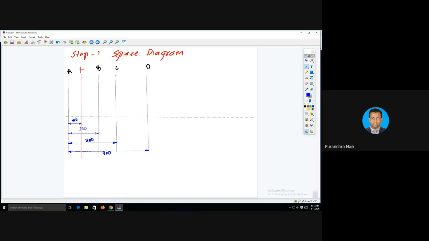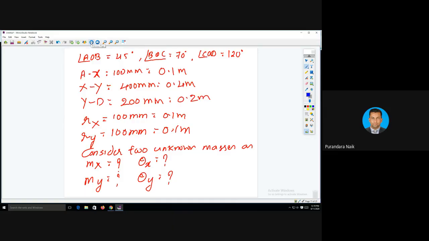So A to Y is 500, so it will be somewhere here, right? 400 up to C, 500 will be here, and X to Y is automatically 400, because the distance between A to Y is 500 and A to X is 100. So that's why the remaining is 400. Distance between X and Y is 400, and the distance between Y to D is given, 200 millimeter.